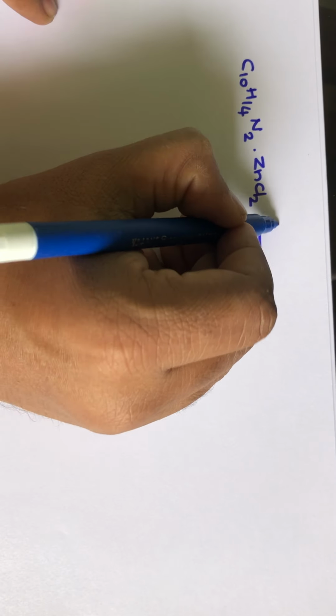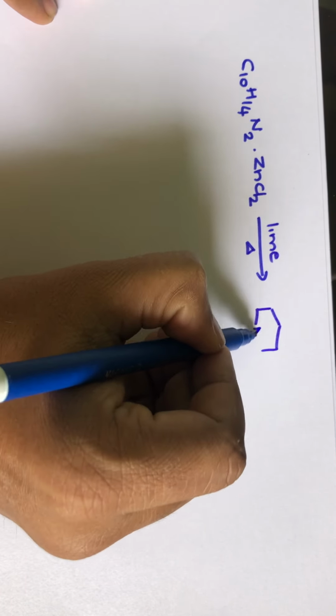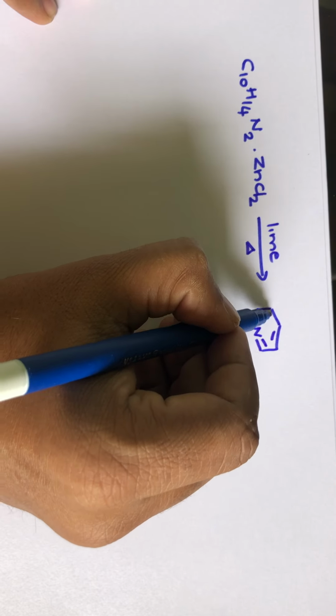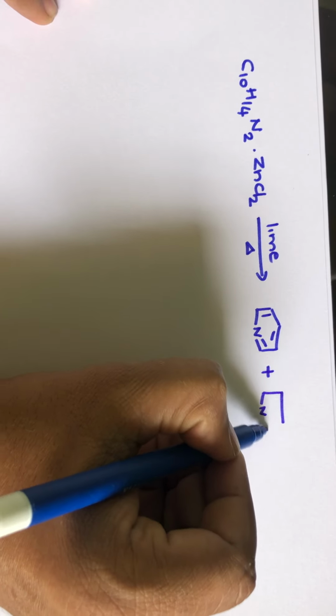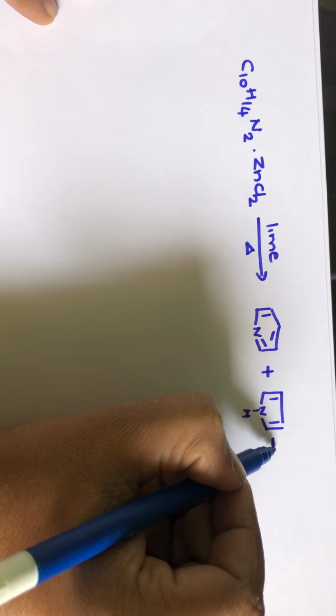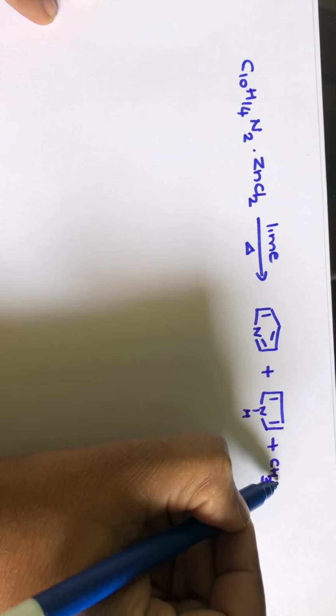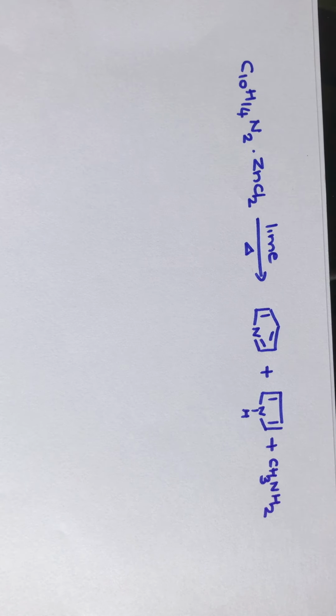When it is distilled with lime, you get pyridine, pyrrole, and methylamine.